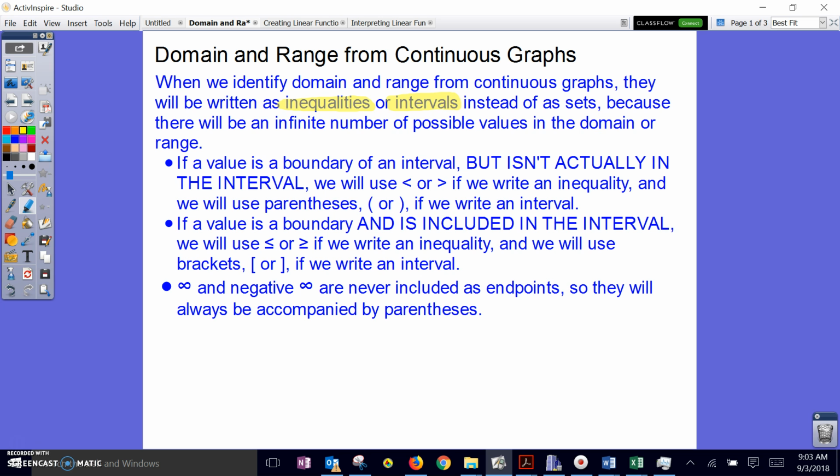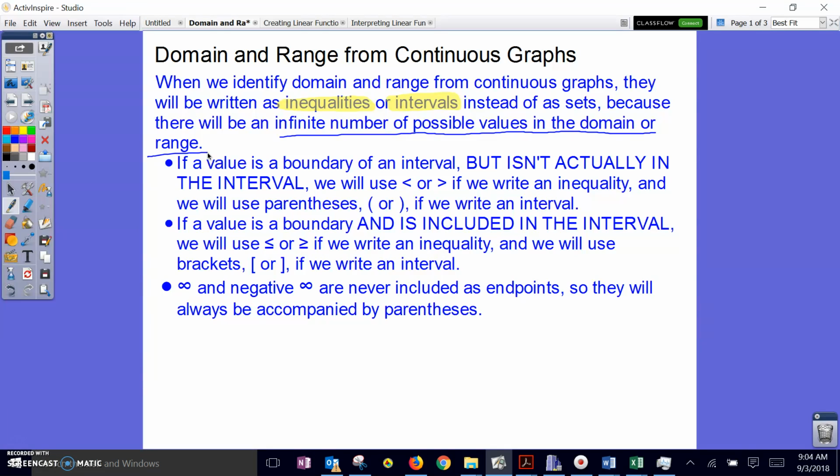We write them that way because there are an infinite number of possible values in the domain or range, and we can't list every one. If a graph passes through all the points from 4 to 5, we can't list 4 and 4.0000000000001 and all those different values, so we need to write them as intervals or inequalities.